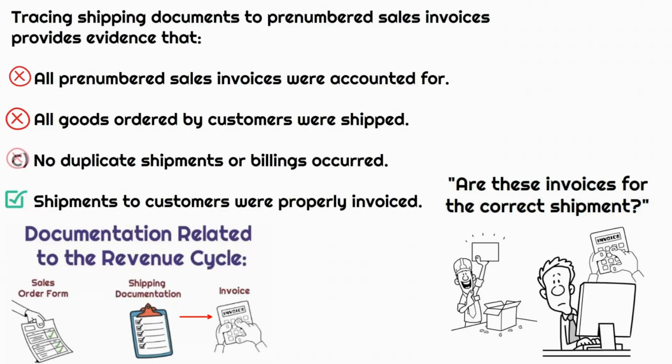How about no duplicate shipments or billings occurred? Tracing transactions from the cash receipts journal to the sales journal would help verify that cash received was properly recorded, but it would not necessarily provide information about the accuracy of invoicing or shipments.